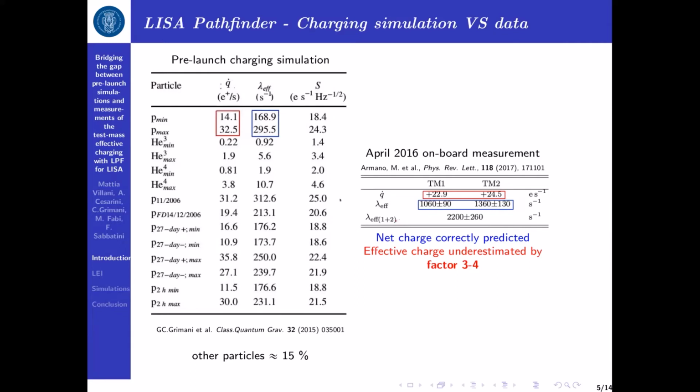A dependency was seen, but I believe it is not compatible with such a large additional noise rate from the electrons. So I wonder whether you've looked at that additional constraint from the bias versus charging rate data from LISA Pathfinder.